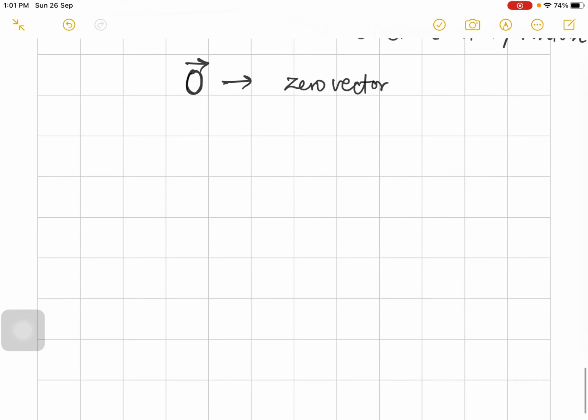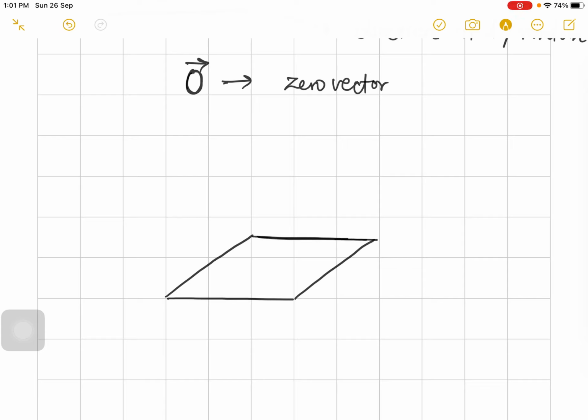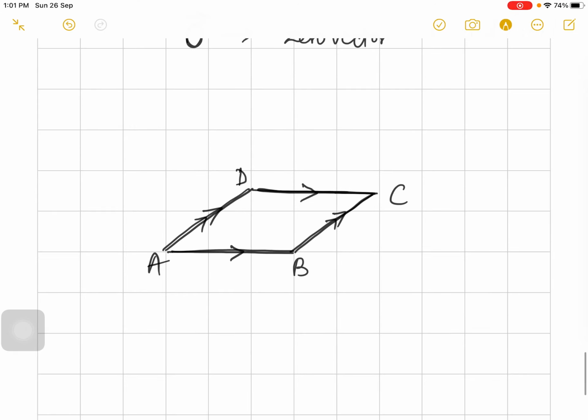Okay, let's look at a situation. We have a parallelogram, treat it like a parallelogram only, ABCD. If it's a parallelogram, AB will be parallel to DC and AD will be parallel to BC.